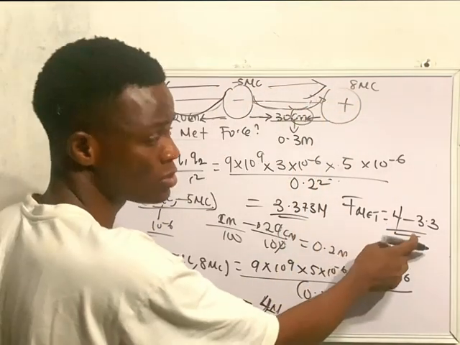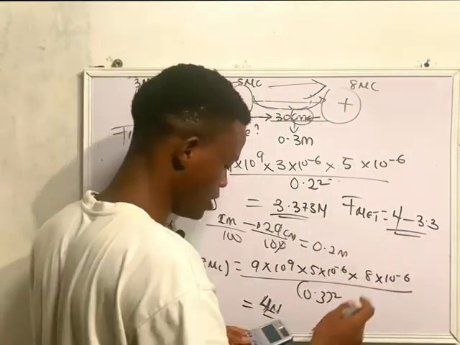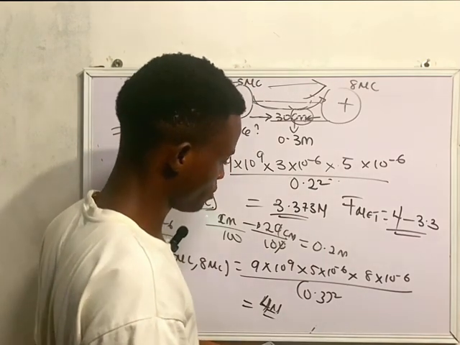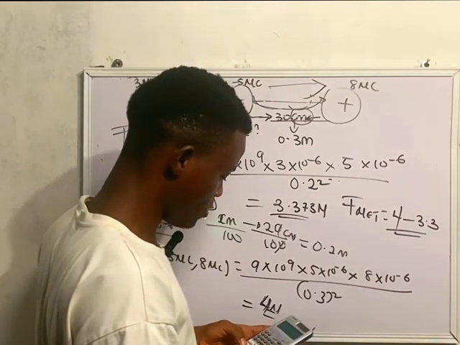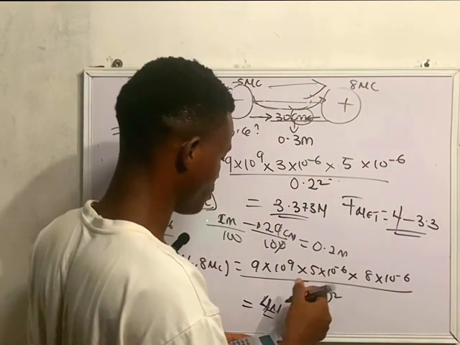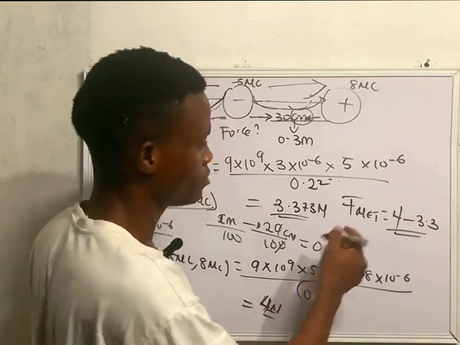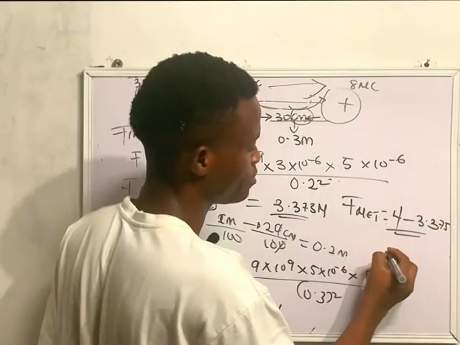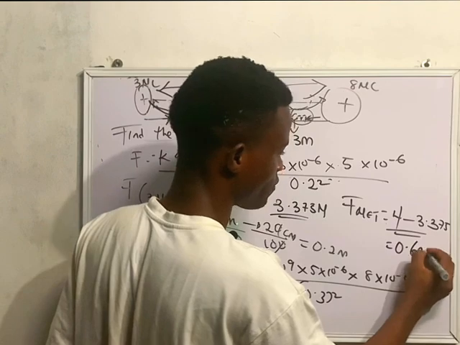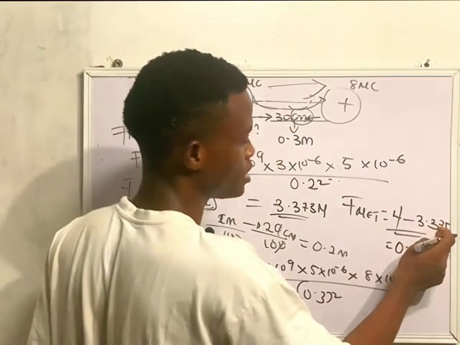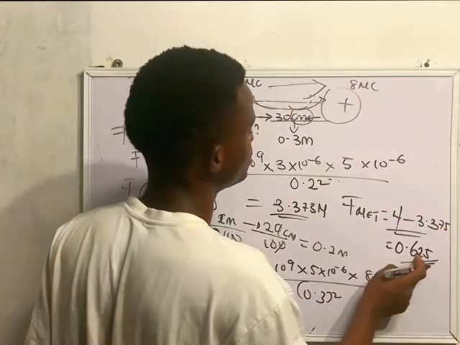That is why we subtract. So 4 minus 3.375.